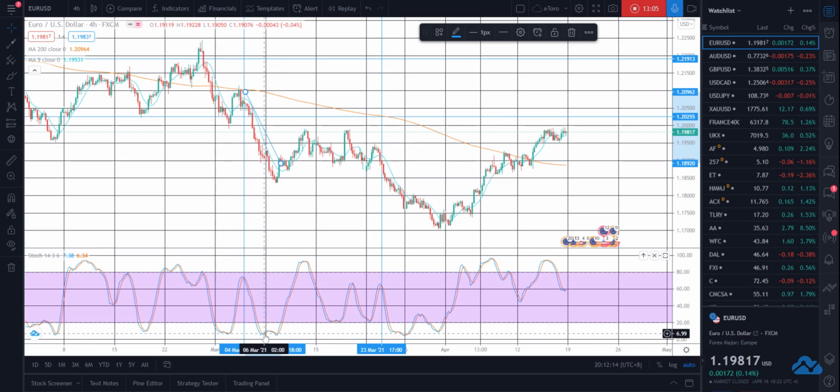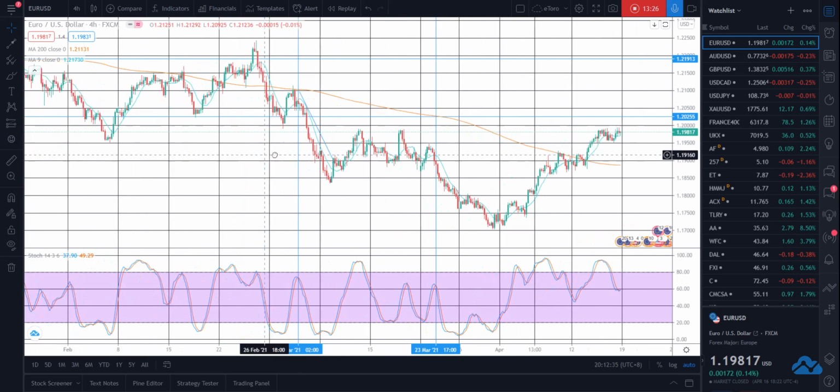Or some people may still listen to just the crossing of the lines and close the trade here, which, as you can see, is less profit, but maybe safer. And that's up to you.